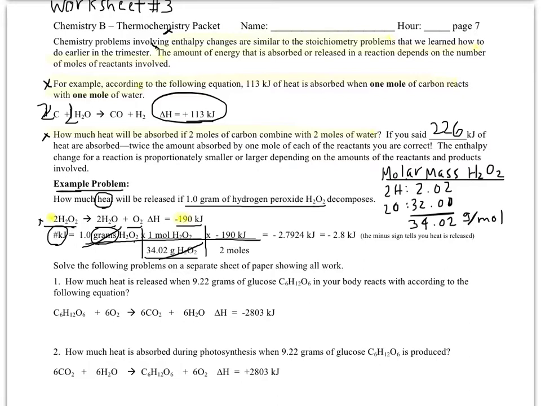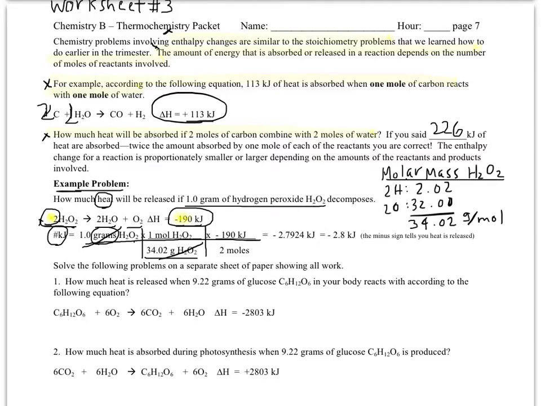Now, the second step is the one that's going to be a little bit different, because we haven't used kilojoules or heat in a stoichiometry problem before. But this balanced equation tells us that if we start off with 2 moles of hydrogen peroxide, that's the coefficient in front of the H2O2, we will release 190 kilojoules, so negative 190 kilojoules of heat.